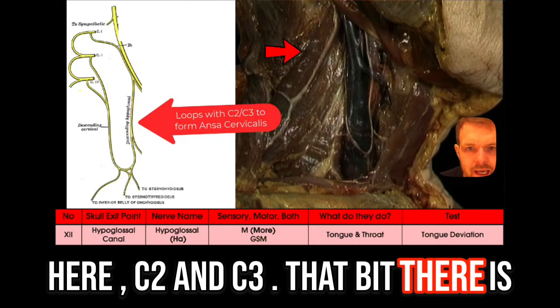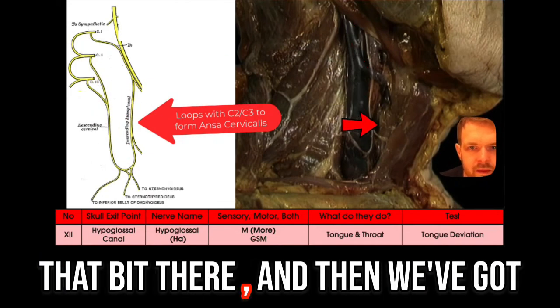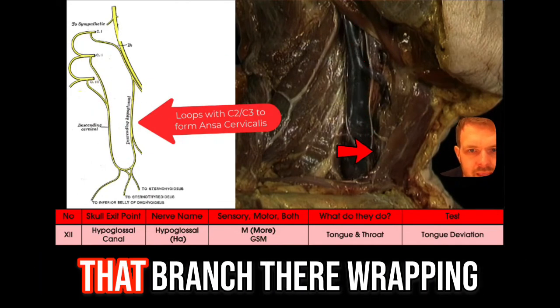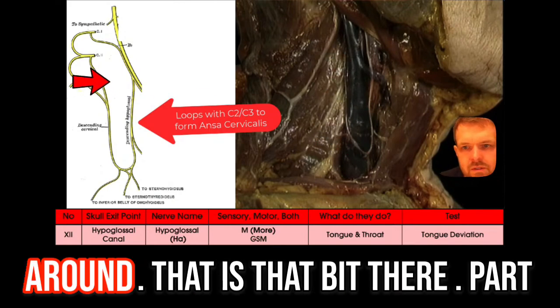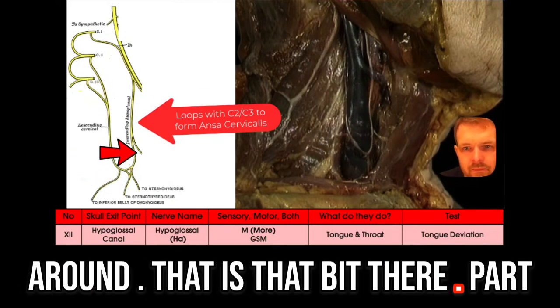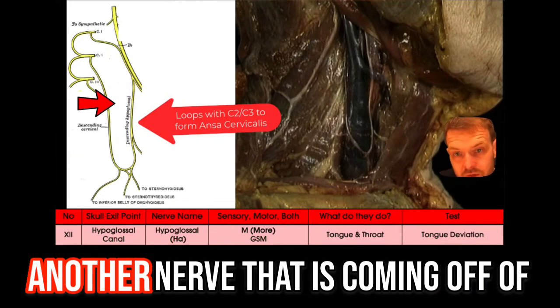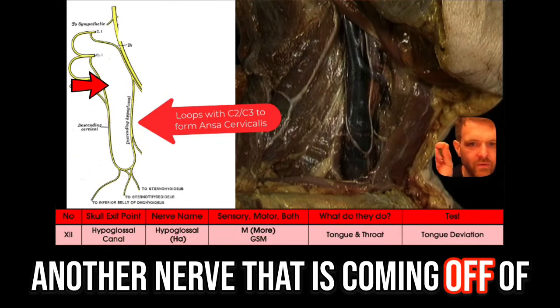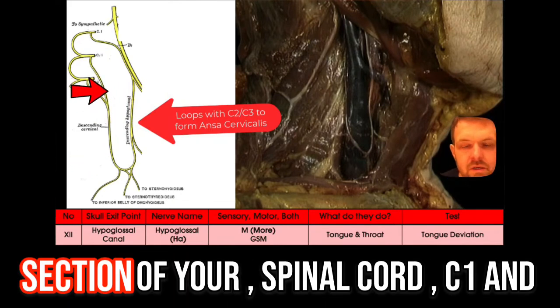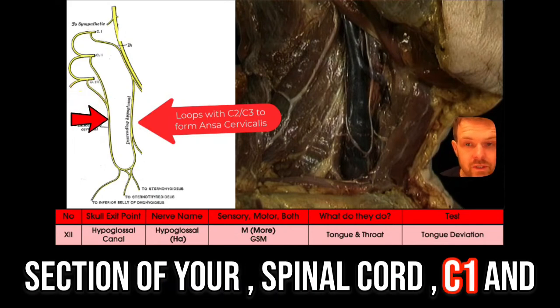That bit there is that bit there, and then we've got that branch there wrapping around, that is that bit there. Part of the cranial nerve links up with another nerve that is coming off of the top section of your spinal cord, C1 and C2.